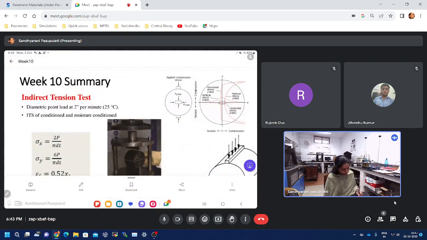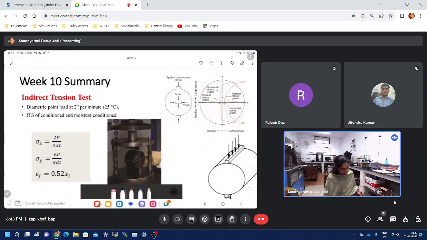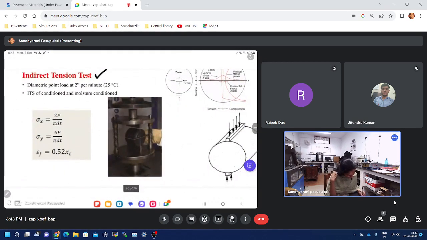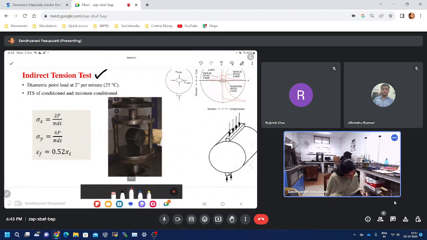But if you see another test, that is the indirect tension test. Here also, if you could see, this is the specimen. We will mark this specimen with a chalk piece like this, diametrically and vertically.